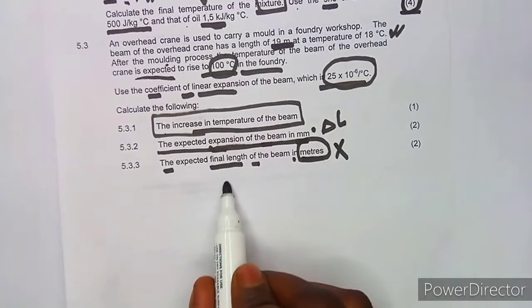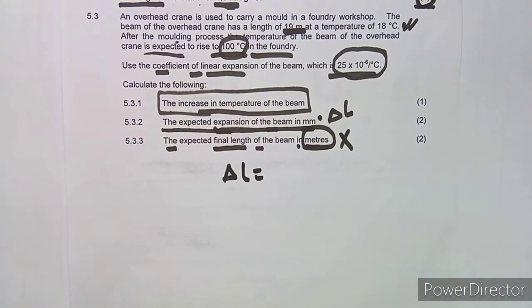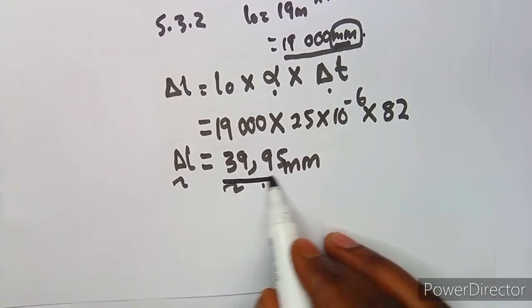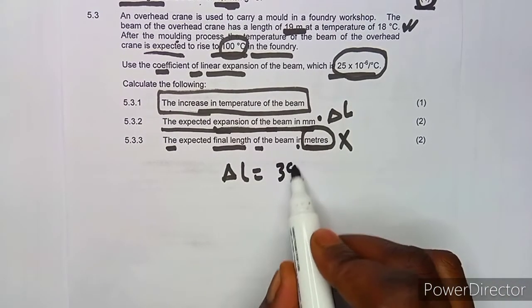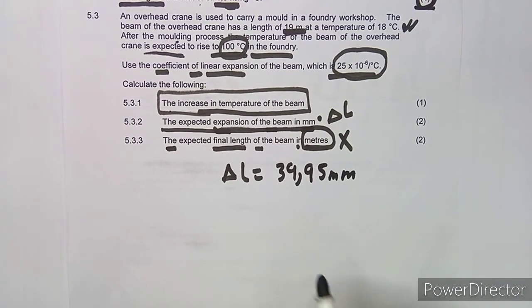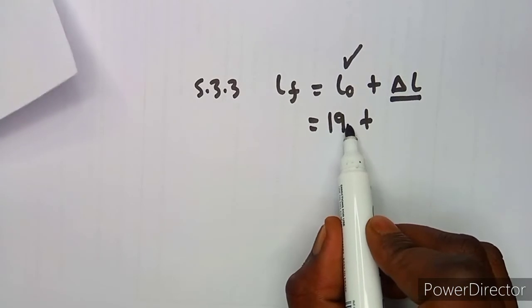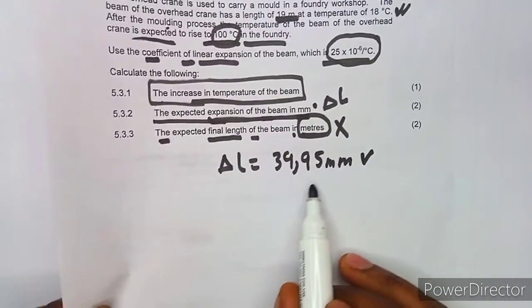Now on the change in length, we are supposed to work something, because this change in length we obtained was in millimeters. This one is 39.95 in millimeters, but we can't add millimeters to meters because this is in meters. So we have to convert this to meters.